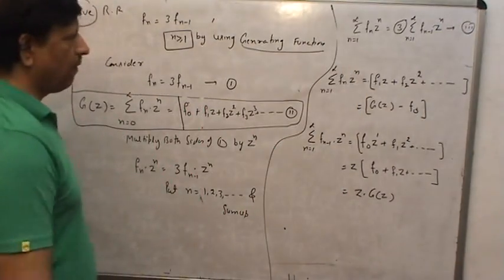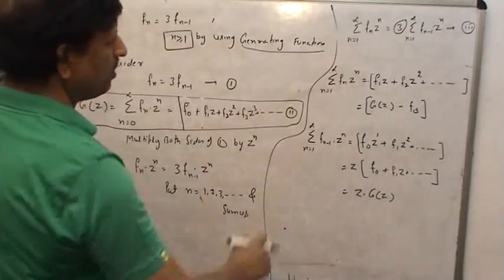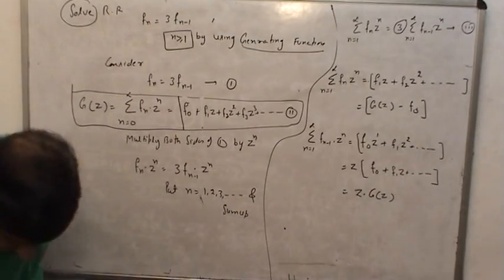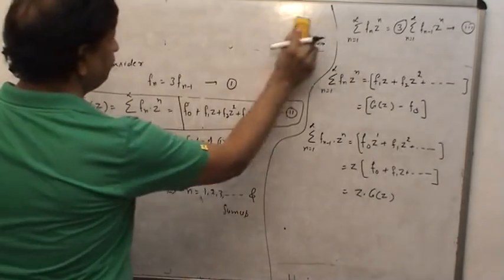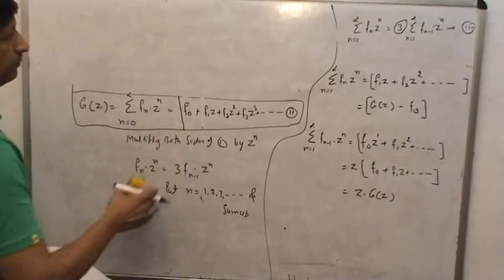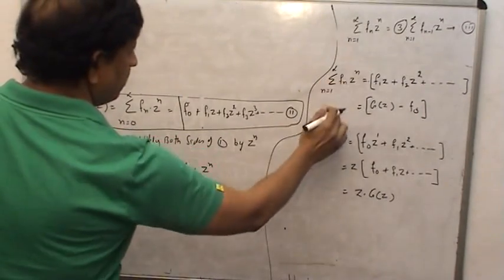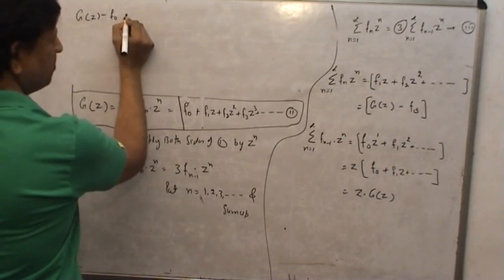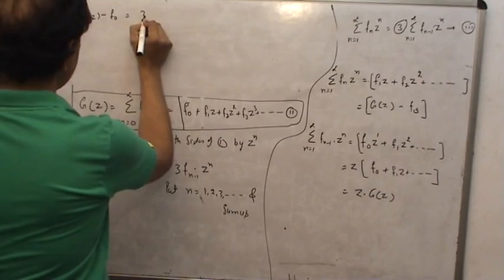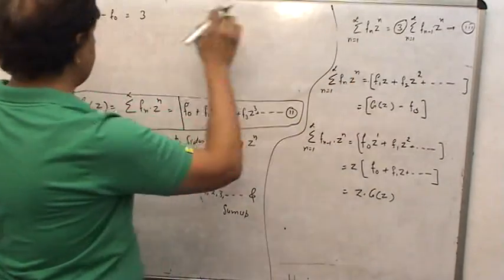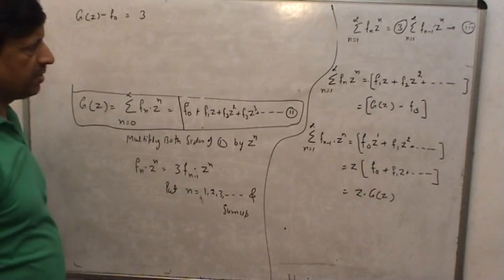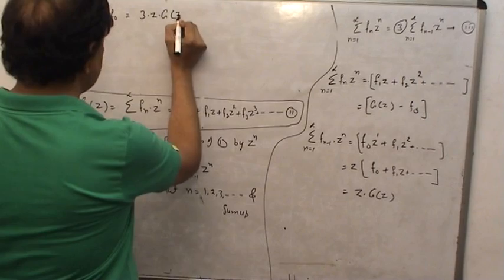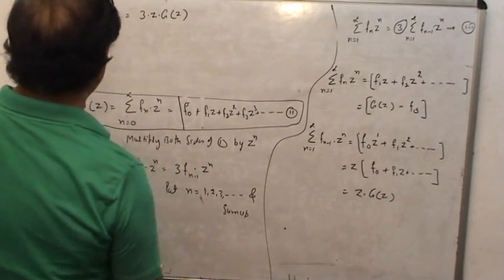Now we compile all the conditions by using equation number 3. It is G(z) minus f0 is equal to 3 times, this constant will be shifted as it is because it is in multiplication, z into G(z).